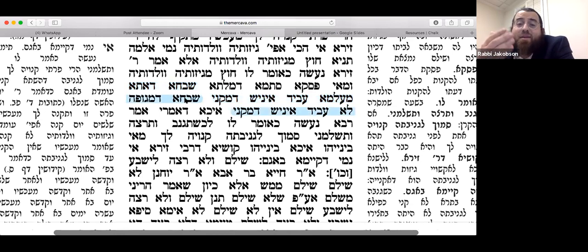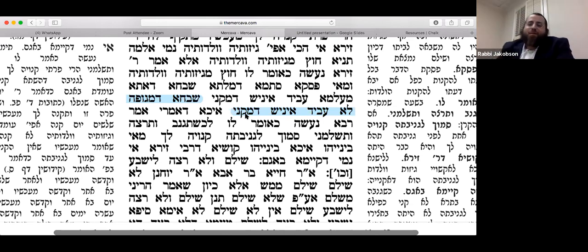Shivcha de megufa, a profit that's from its body, from itself. Lai avid inish demakni, a person is not ready to sell. I'm not ready to sell you something that I gave you. I'm not ready to sell you the fact that I gave you a sheep to watch, and it was stolen. It's right there in my hands. Why? I'm not selling you that.